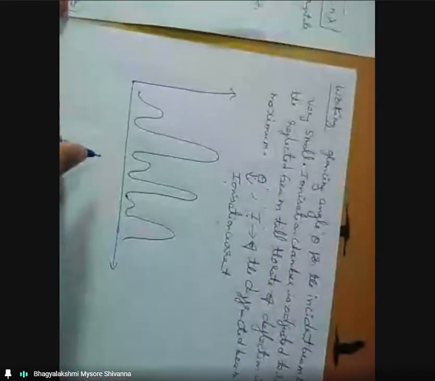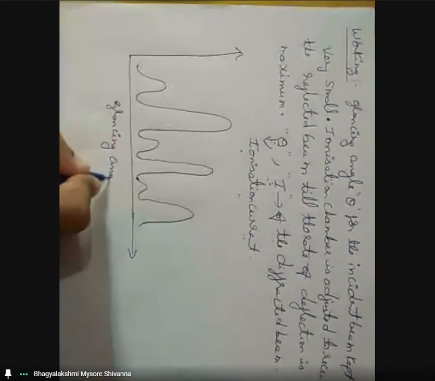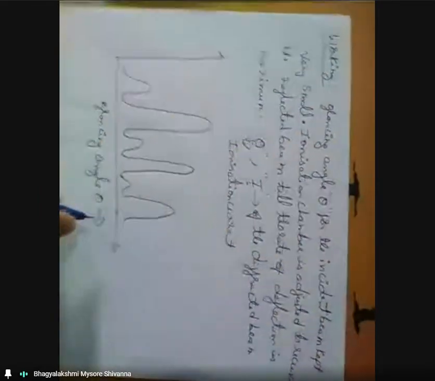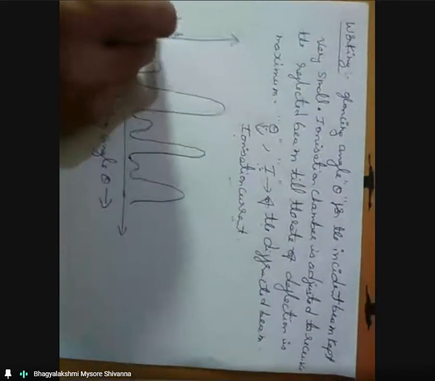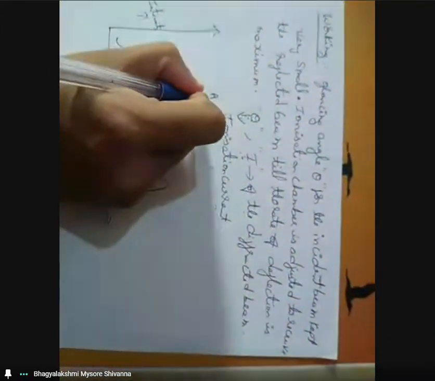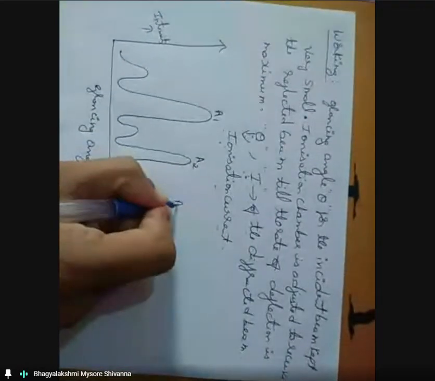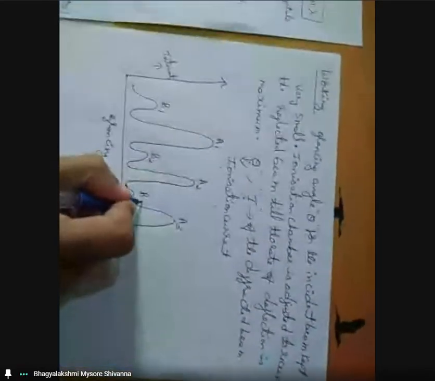If we plot a graph of glancing angle theta versus intensity, we get the graph as shown in this figure. The peaks are represented by A1, A2, A3 and B1, B2, B3.